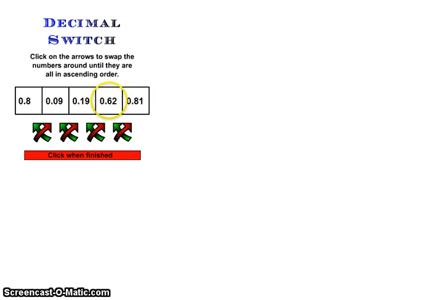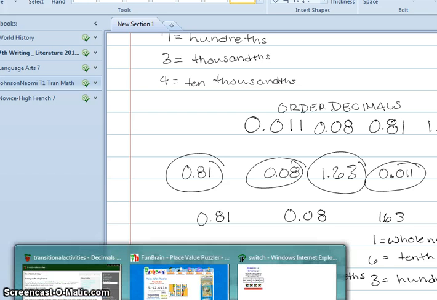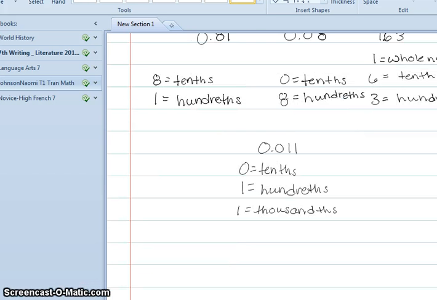The next one is 0.62, and then 0.19, 0.09, and then 0.8. So that's correct, and that's how you order decimals.